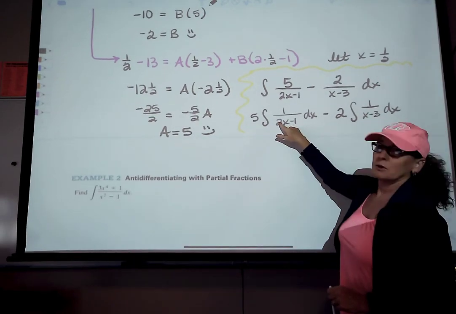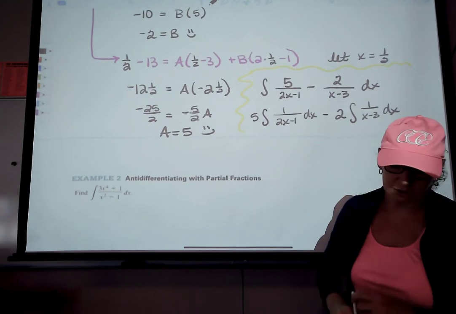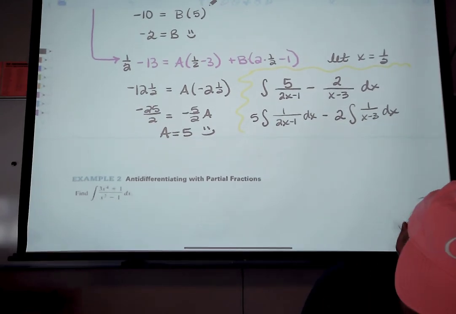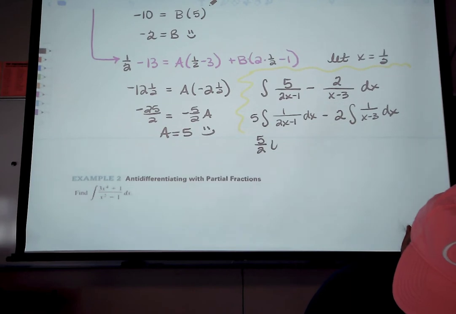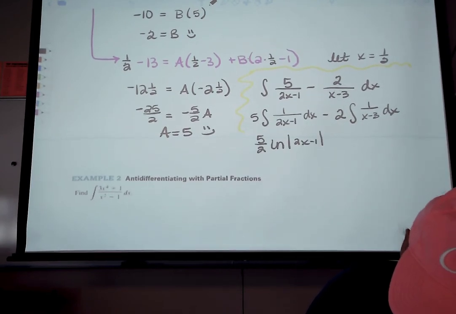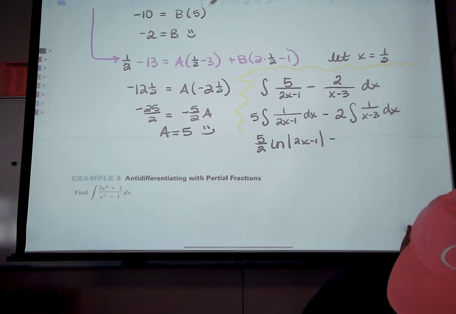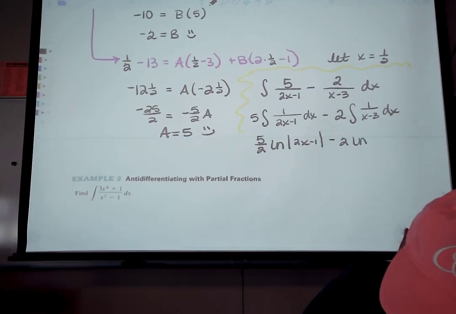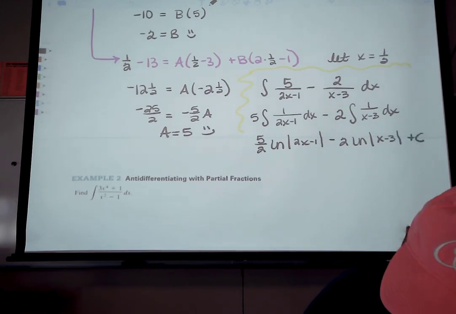This one's going to be one where you're going to have to use that shortcut that I showed you at the very beginning. So I would call this 5 times a half ln absolute value 2x minus 1. And then I'm going to do the plus C at the very end. Minus 2 ln absolute value x minus 3 plus C.